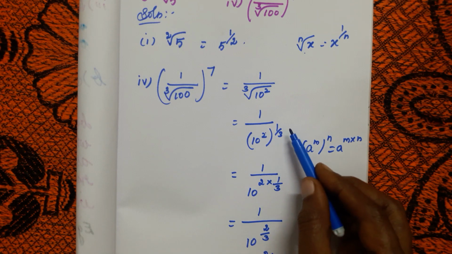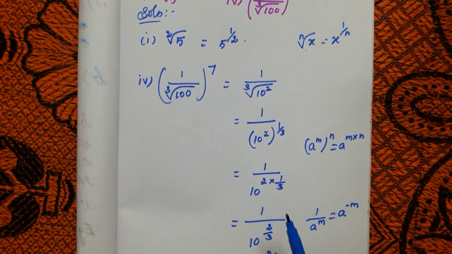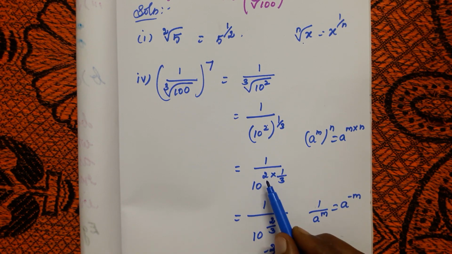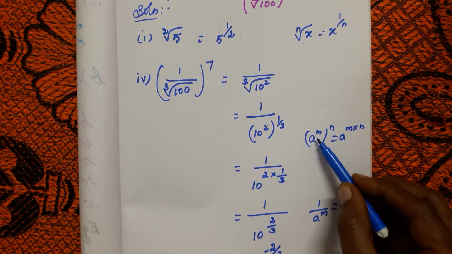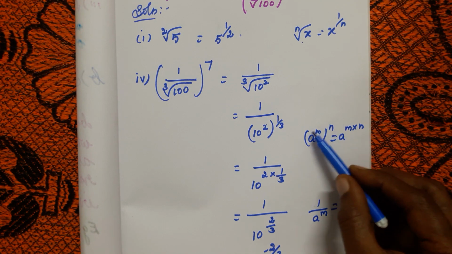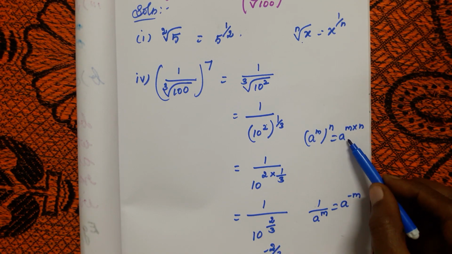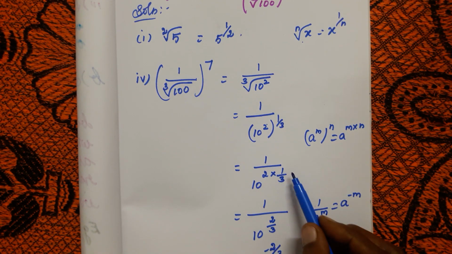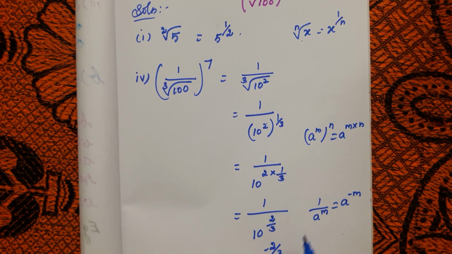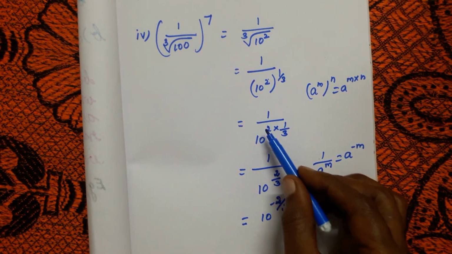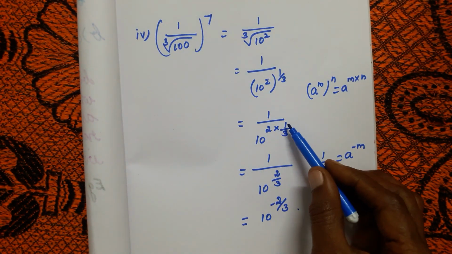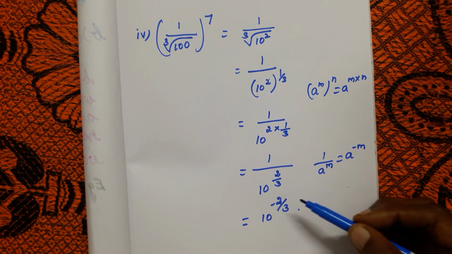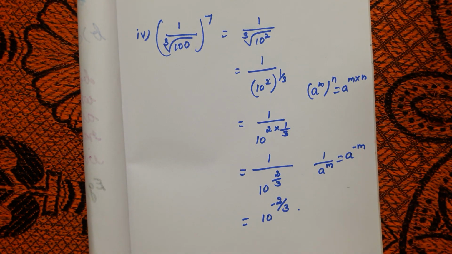So 10 square the whole power 1 by 3. Now 1 by 10 power 2 into 1 by 3. A power m the whole power n is equal to a power m into n. So 10 power 2 into 1 by 3 is equal to 1 by 10 power 2 by 3, which is equal to 10 power minus 2 by 3.